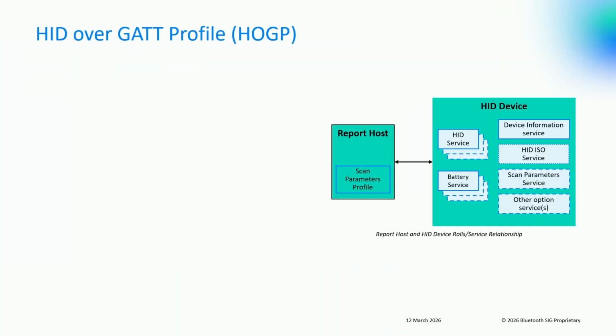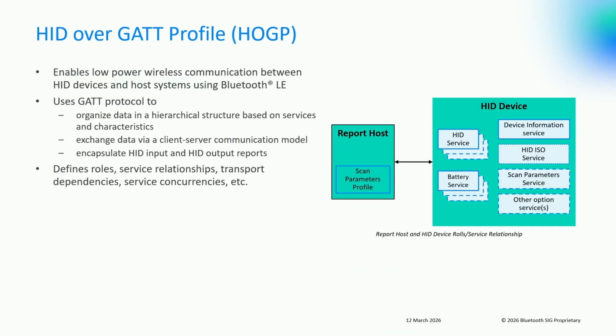So in the case of the HID over GATT profile, HOGP enables low-power wireless communication between HID devices and HID hosts using Bluetooth Low Energy. The GATT part in the profile name alludes to the use of the GATT protocol in Bluetooth LE to organize data in a hierarchical structure based on services and characteristics, to exchange data following a client-server communication model, and to encapsulate HID input and HID output reports.